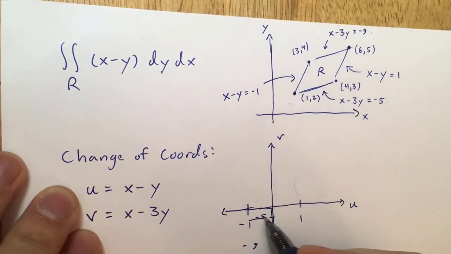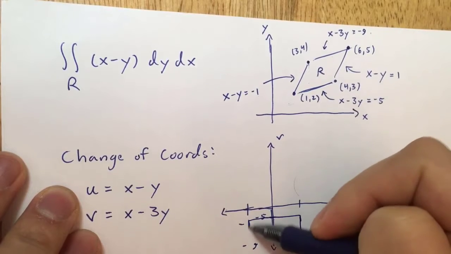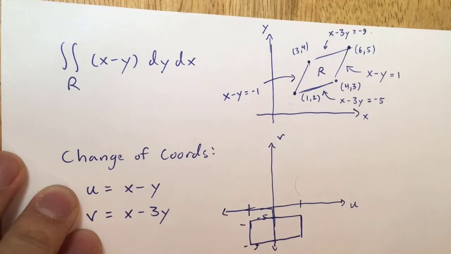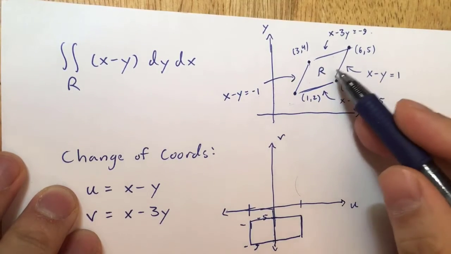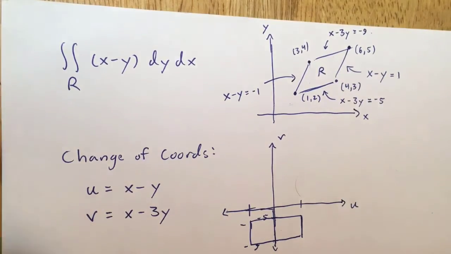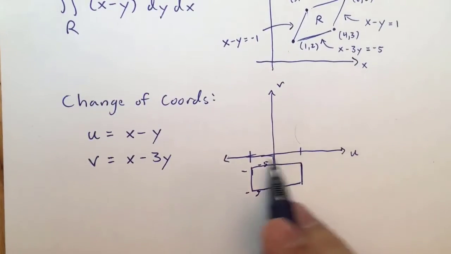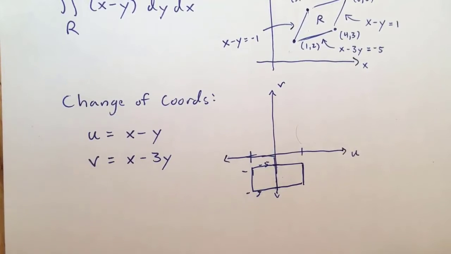So what we're getting in the UV coordinate system is a rectangle down here. So this region becomes this region in the UV coordinates. Quite a simple region to deal with now. So that'll make that integral much easier to do, much less tedious.